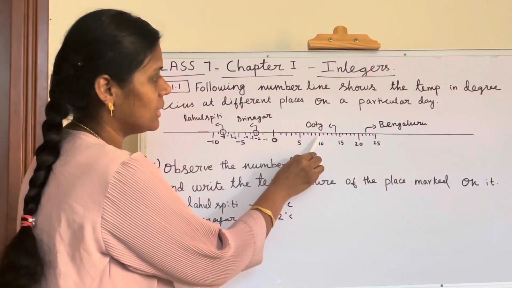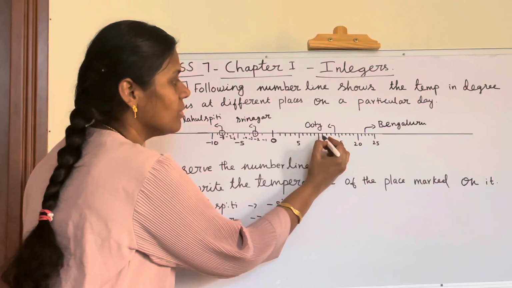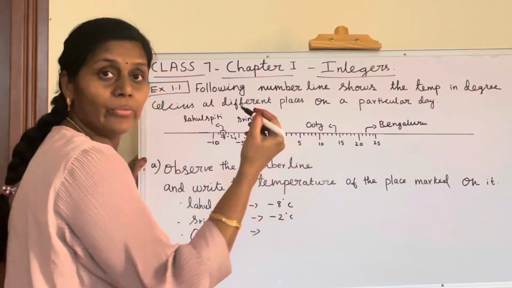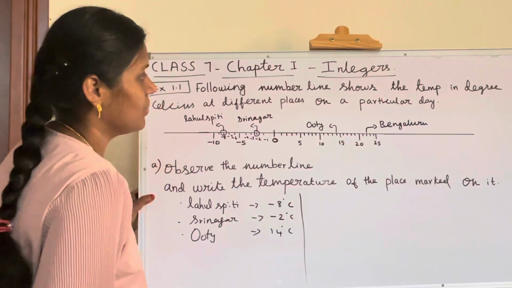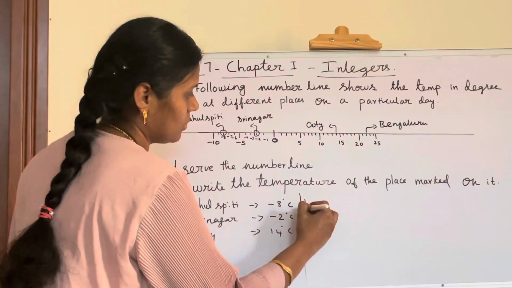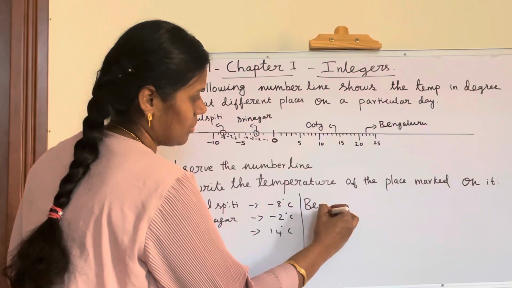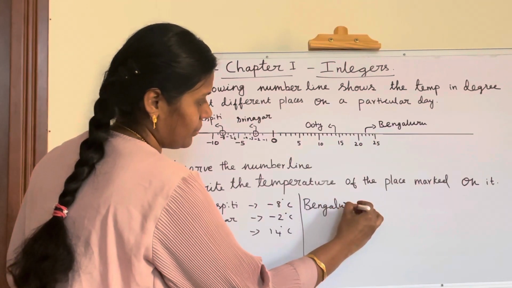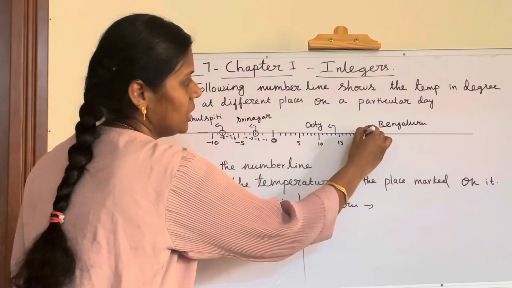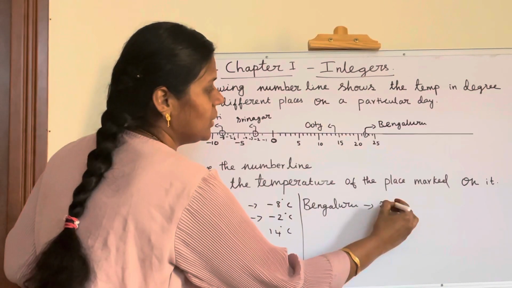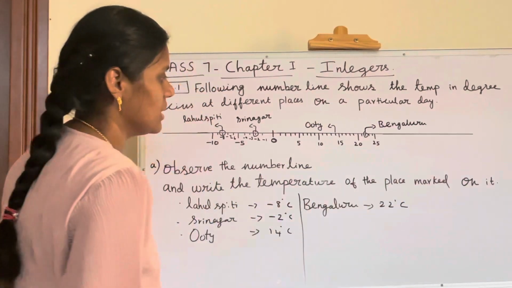Five, 10, 11, 12, 13, 14. 14 degree Celsius. Next, Bangalore. Twenty, 21, 22. 22 degree Celsius.